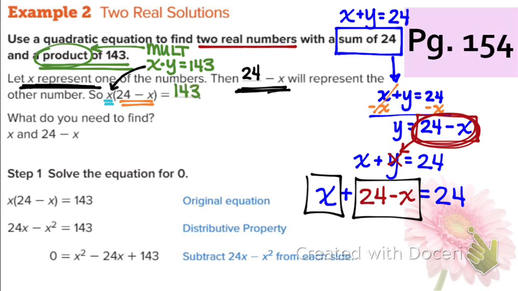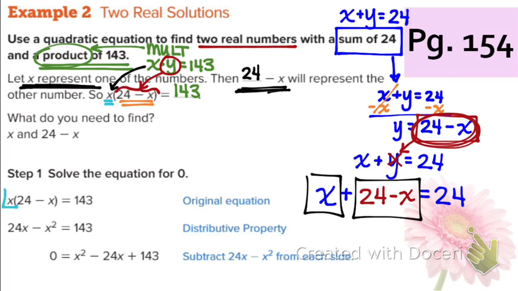So here's the x, and here's our substitution, right there. So far, so good? Whatever I want it to add up to, it's going to be x, and then that number minus x. If I'm trying to find these two numbers, let x be one of them, and then the sum minus x for my other number.